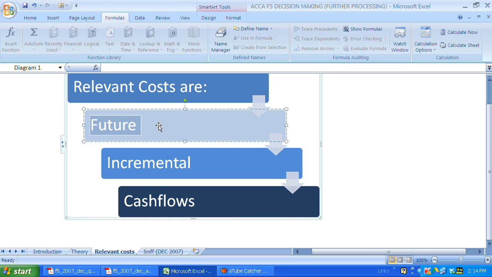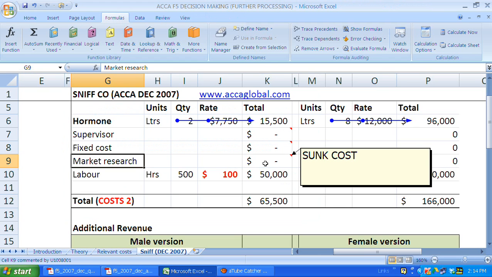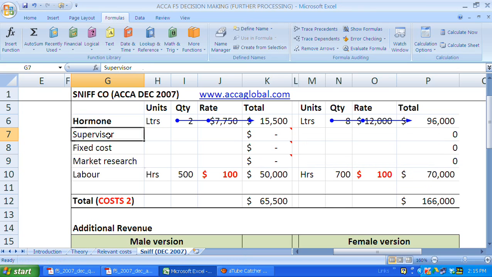That means it's a sunk cost. It's a historical cost. So the market research, its relevant cost is 0 because it's a historical cost. It has already been incurred. Whether we undertake the process or not, we've already incurred the cost. So either way, that figure is 0. So these are some free marks.